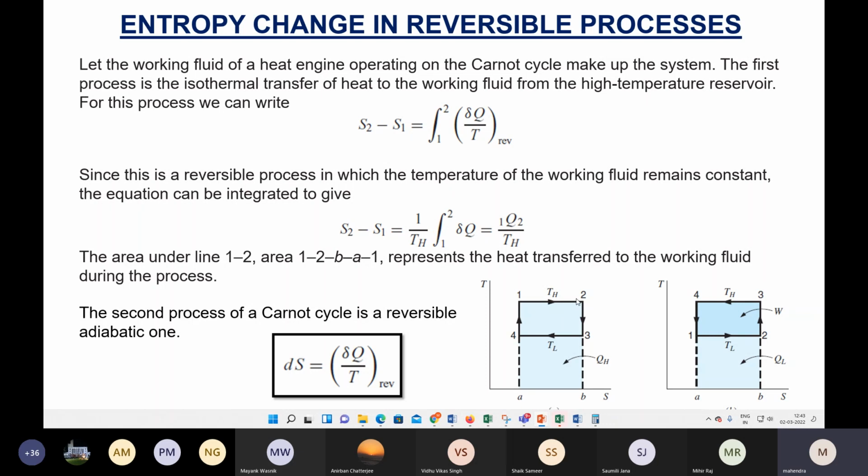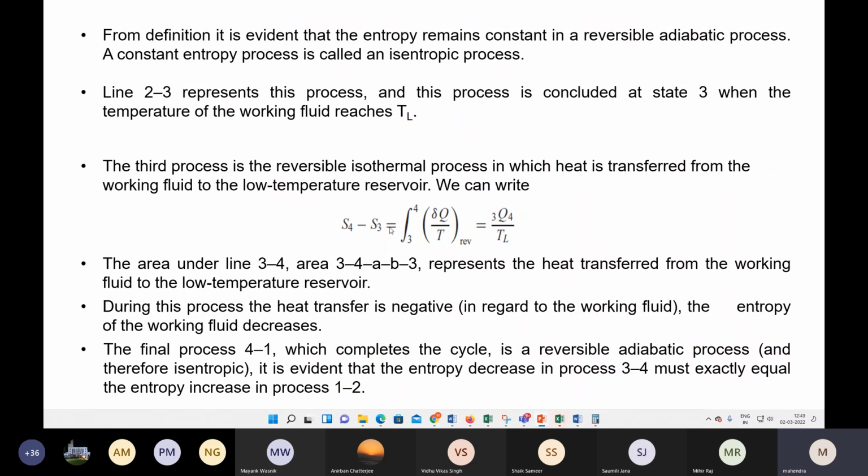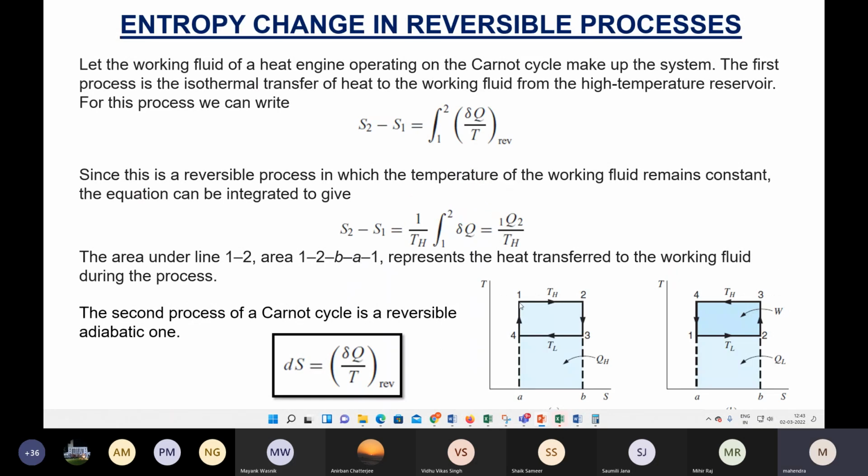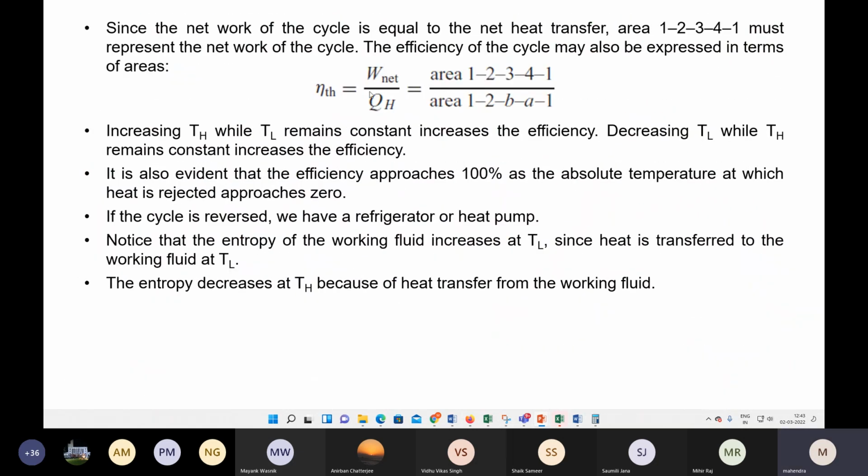For this process, the entropy change is S2 minus S1. For the next, delta S equal to 0. For this one, S3 minus S4 will exist. Then for the next case, delta S equal to 0. You know this very well from before.